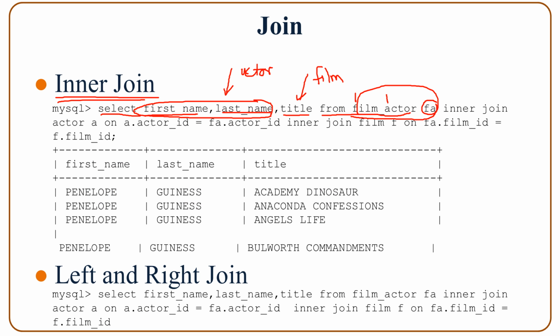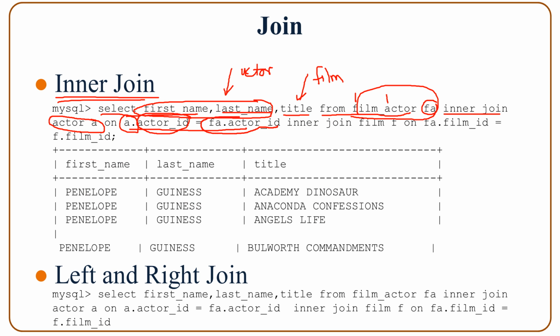This is the condition: A dot actor ID, on this field in this table, equal to also the same field in the FA table, in the film actor table. So that's how we join film actor to actor.